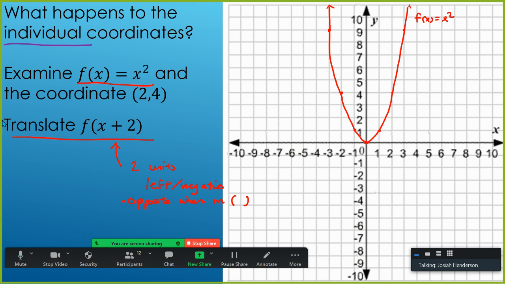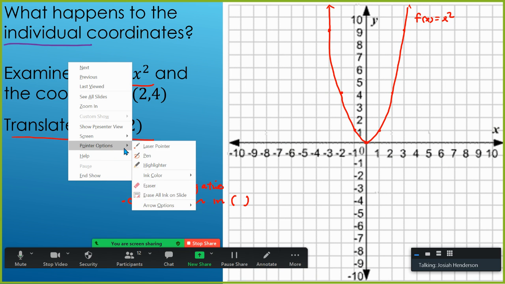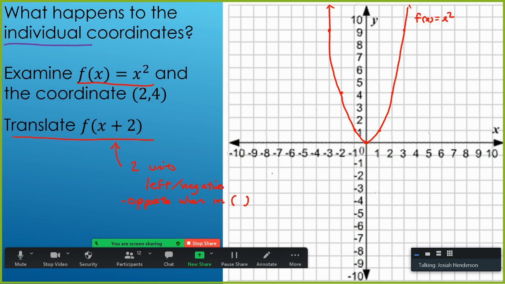So let's put our translation up there real quick. I'm going to do it in purple, okay? So imagine all the points on my red function, my parent graph, going left 2. So for instance, starting down here with the origin, the 0, 0, that goes over 1, over 2. Okay, this one next, 1, 1, that goes over 2.